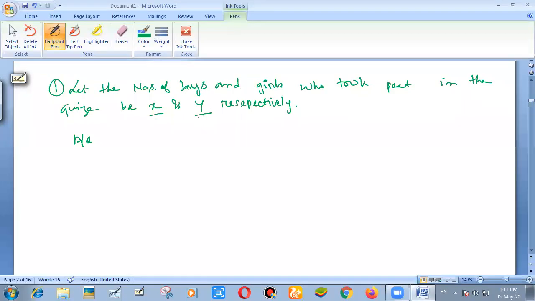So according to the question, your first equation will be X plus Y equal to 10. This is equation number one.